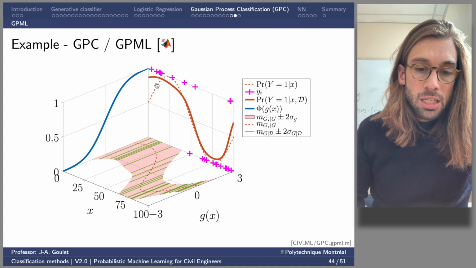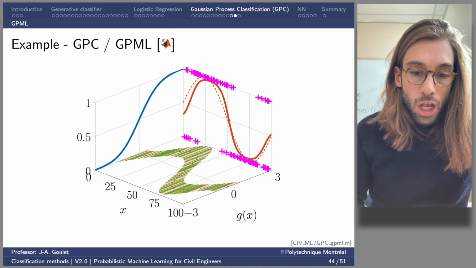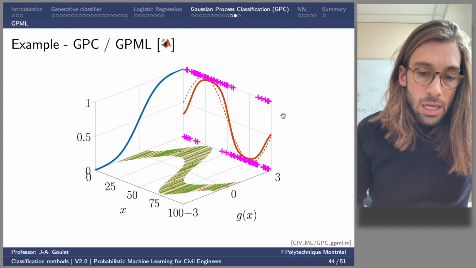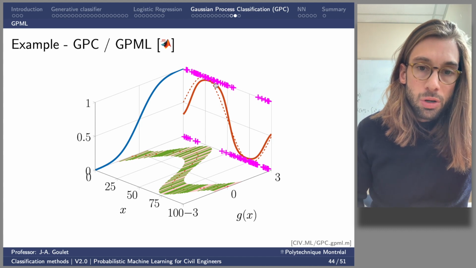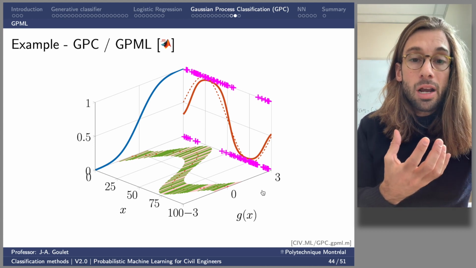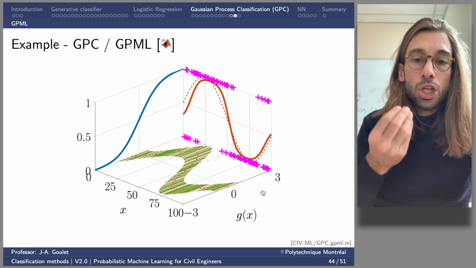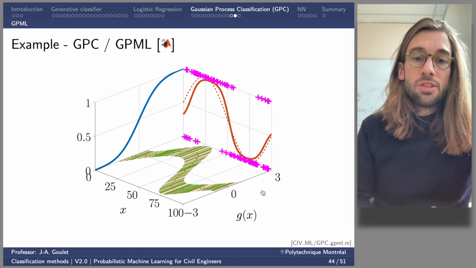What if we increase the amount of data? Okay, not really much better. Okay, if we use a lot of data, we're going to see that we're getting closer and closer to the truth. And contrarily to linear regression or to logistic regression, we didn't have to define any basis function.